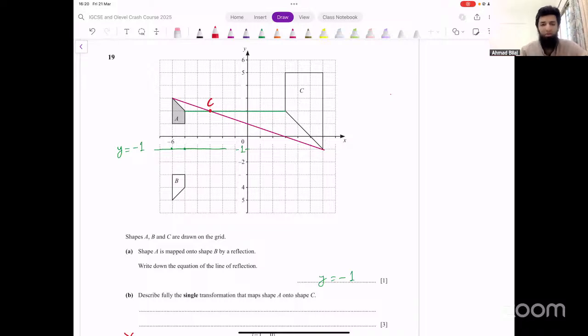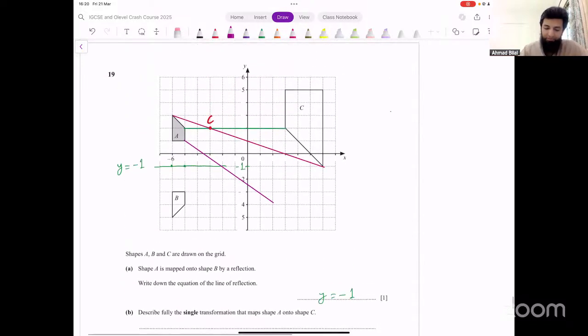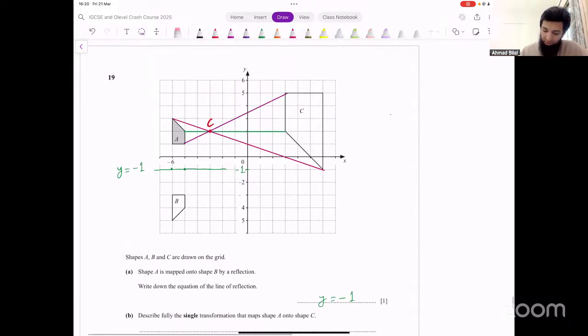You can join the other points as well, and they will all pass through this point. You can check that. Maybe draw another just to do verification. If you join these points, you see that's also passing through C. And if you were to do the last one as well, all of them pass through that same point. So that's the center of enlargement that we were looking for.